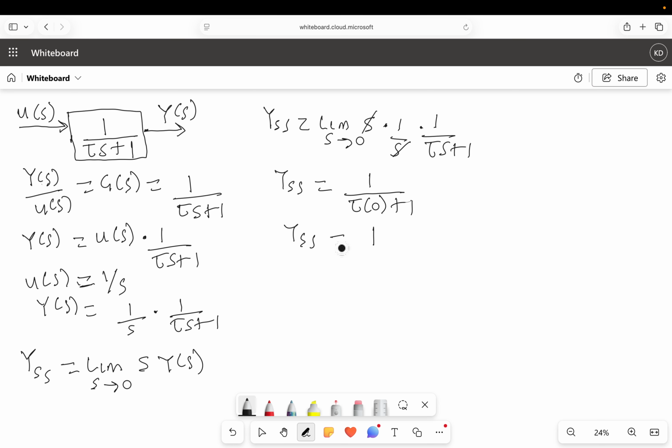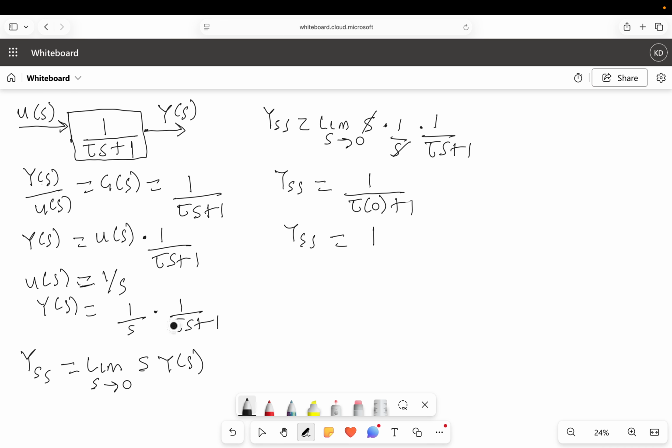Since I want to analyze the time response, I have to convert my Y(s), which is in s domain, into time domain. You can see it is in the form of 1 over s all over 1 over tau s plus 1, so I can't find the inverse Laplace transform directly from this relationship.